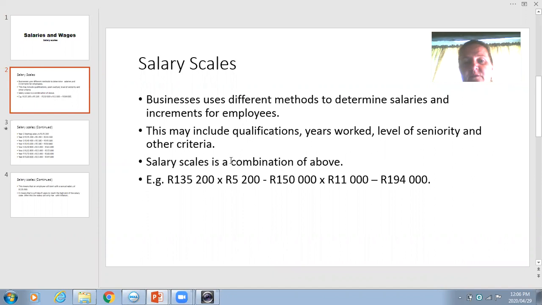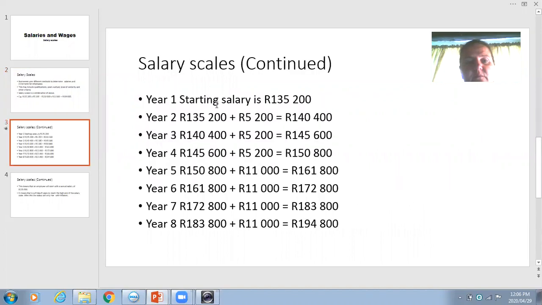For our purposes, what we need to do is understand how salary scales for an organization can be formulated. In this case, the example that we're going to look at is 135,200, and the increment scale is at 5,200, etc. So how we're going to do this is the starting salary would be the 135,200.